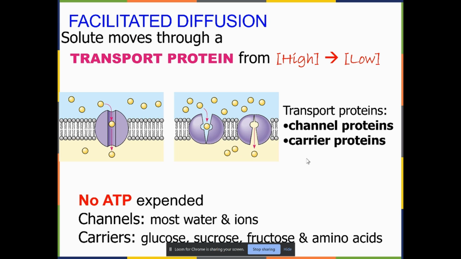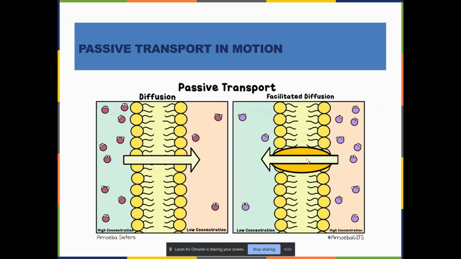Whereas a carrier protein, even though it's generally always open in one direction, must be specific enough to bind to a particular solute, and once it does so, it changes shape. But this is still without any ATP expended. A lot of water, different ions, and monomers like glucose, sucrose, and fructose, or even amino acids like to use facilitated diffusion.